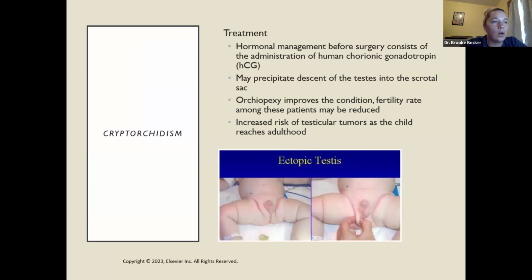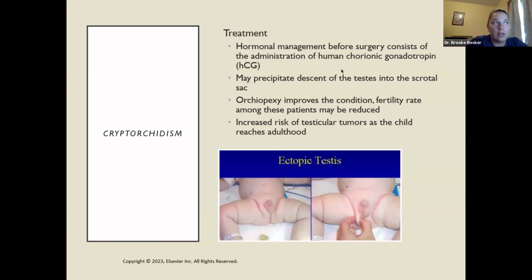Okay, so cryptorchidism. This is going to tell you treatment-wise what they do. Sometimes they can't get the testicle into the scrotal sac in the right position, so they actually have to take that testicle, and that's called an orchiopexy. So they remove that testicle, and then of course that reduces their chances of fertility down the road.